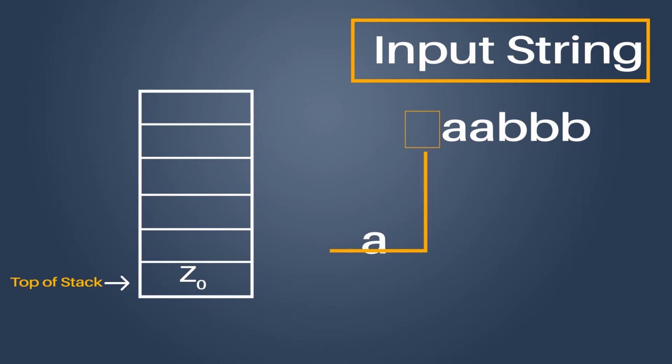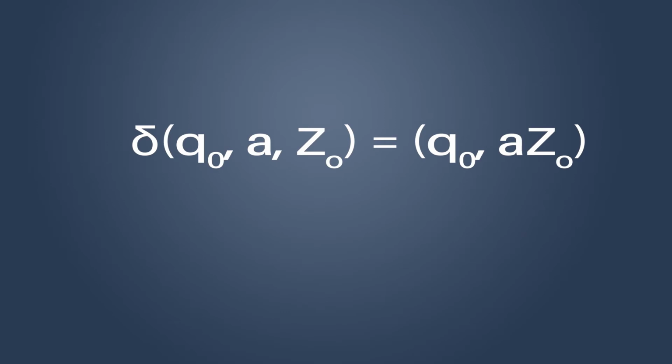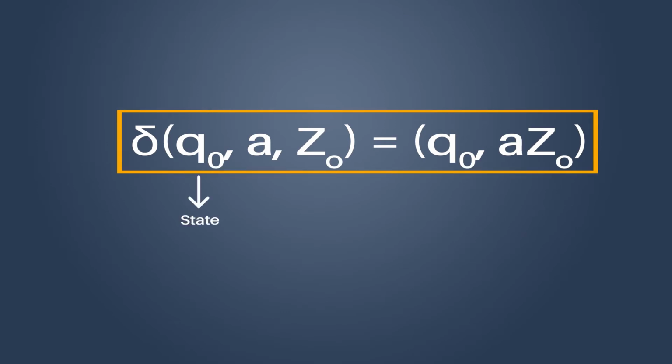So we should push this a onto the stack, and the transition function that would help us in achieving this is this. Initially we will be on Q0 state. On Q0 state, if my input symbol happens to be a and top of the stack happens to be Z0, then I should be in the same state Q0 and I should push this a onto the stack like this.